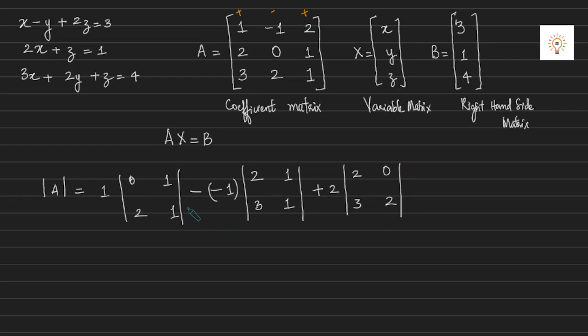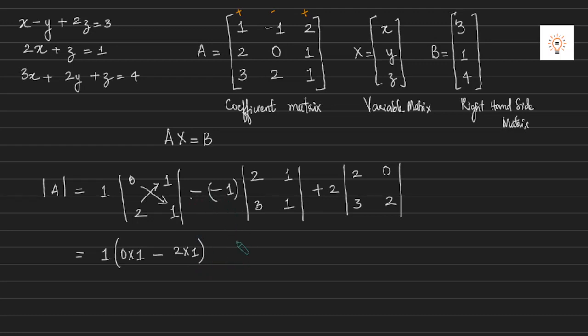Now to find the determinant of a 2 cross 2 matrix, it's very simple. You first multiply left top to bottom right, and then subtract bottom left to top right. This is what you have to do. So what I'll get here is 1 times (0 times 1, minus 2 times 1).